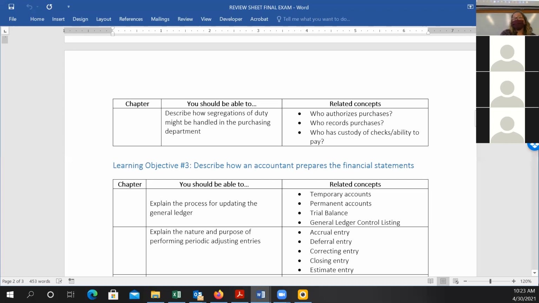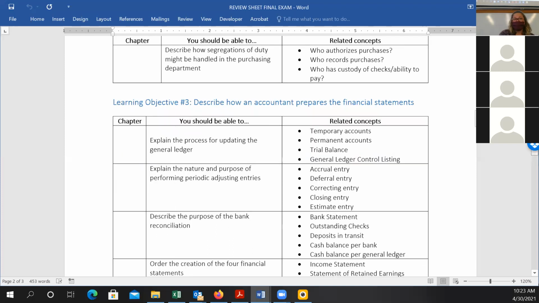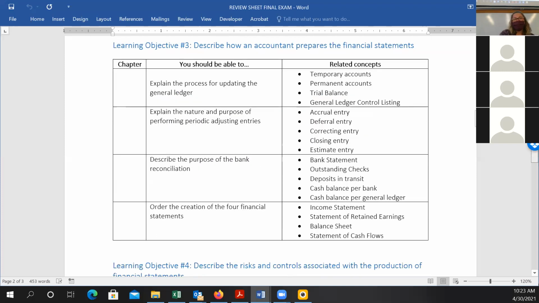All right, so that was the first chunk of the exam, I guess the first two chunks. The second two chunks deal with preparing the financial statements. So you should be able to explain the process for updating the general ledger.